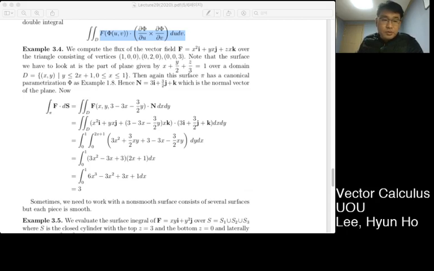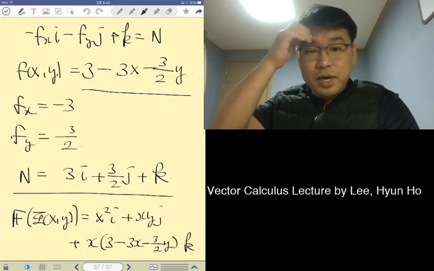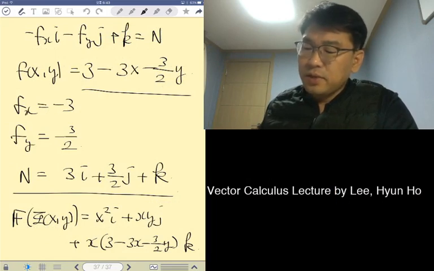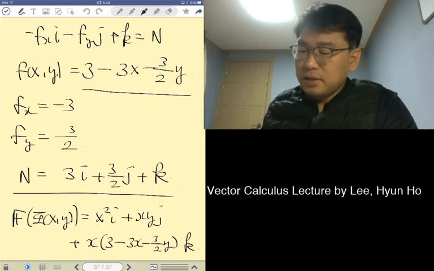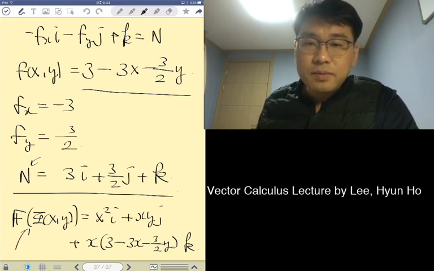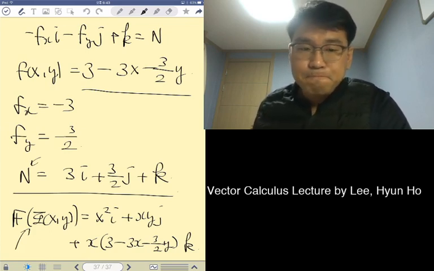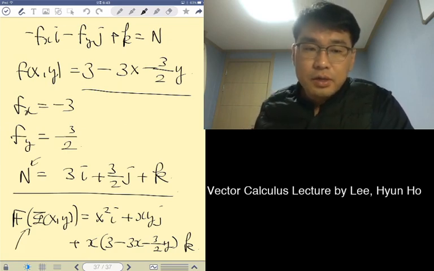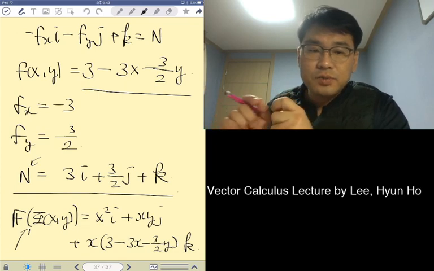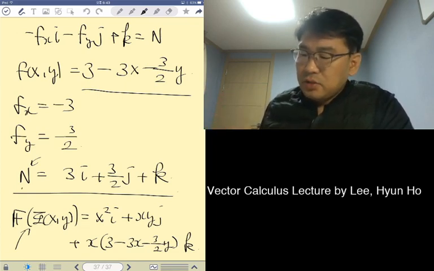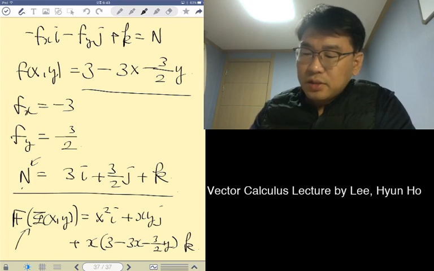So let's come back to the computation. I finished this calculation. This is the normal vector, and this is the vector field at that point in terms of the parameterization. Everything is in terms of x and y now. So we just take the inner product between F and n, right?